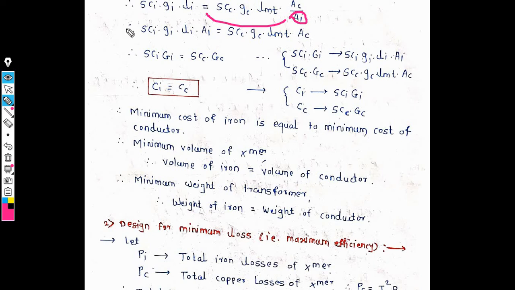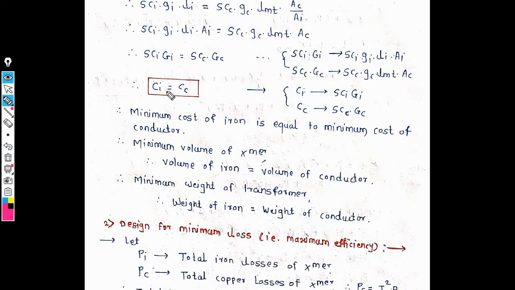Then this is the value of SCI and GI. This is the value of SCC and GC. That means this is put here and this is put here. That means these two values are of SCI and GI, and these two values are SCC into GC. That means both are equal to each other.